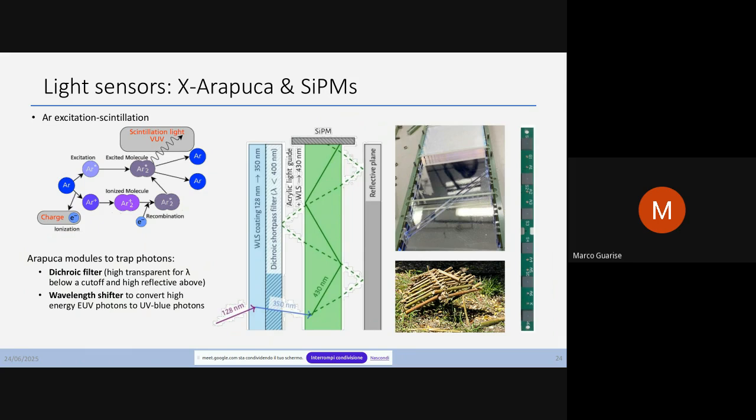And instead, related to the light, since as I said, we have this very large cryostat of 20 by 20 by 60 meters.